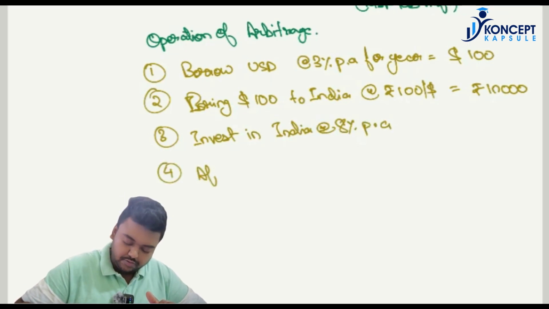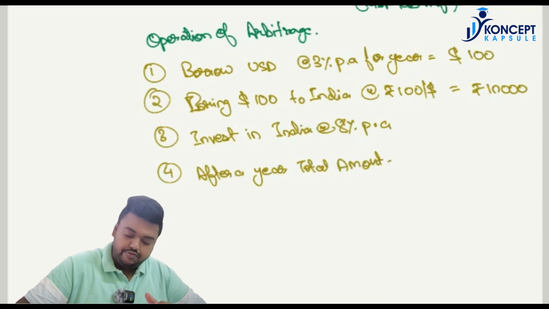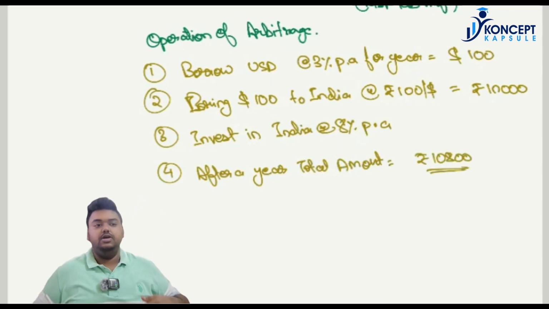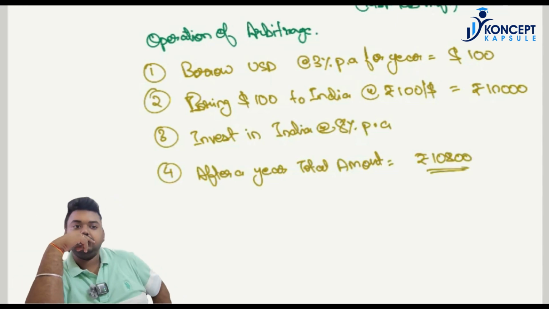After a year, the total amount that I will receive will be rupees 10,800. How 10,800? 10,000 plus 8% of interest. 10,800 I will get after a year.